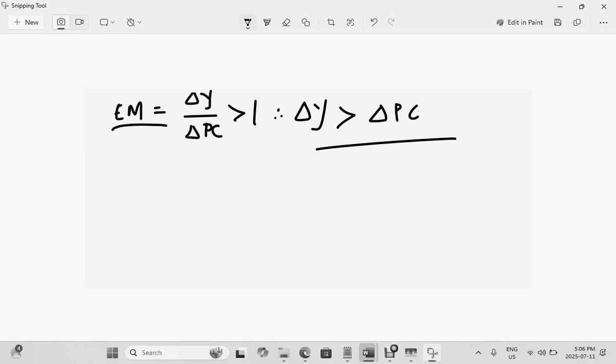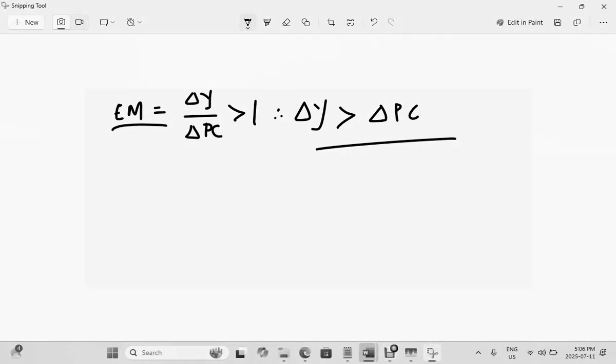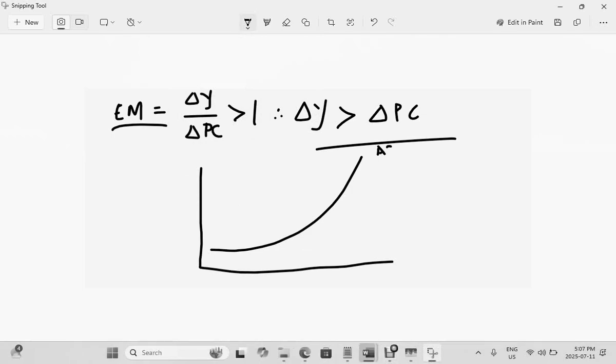So if it's an expansionary fiscal policy, let's assume that this is your aggregate supply, and let's assume that this is your full potential or LRAS.